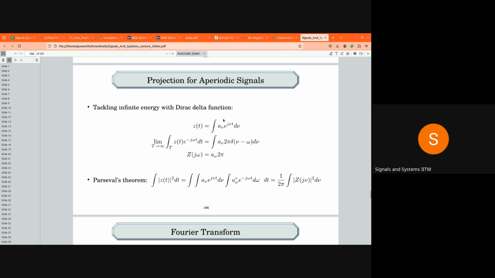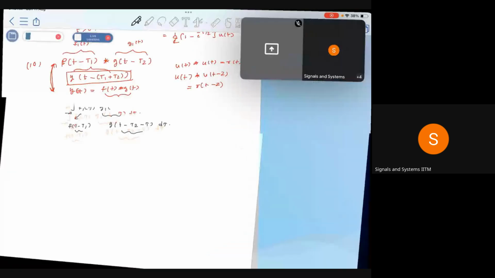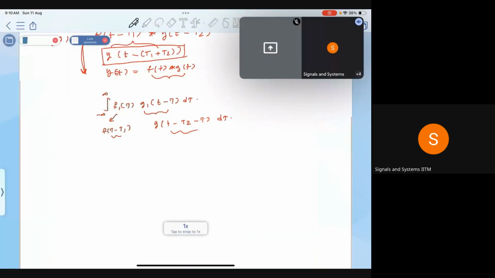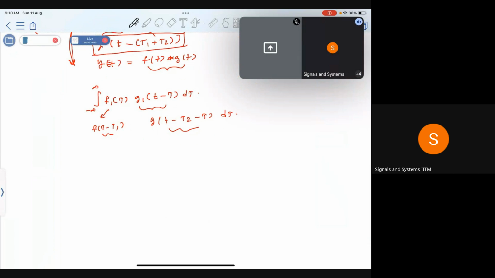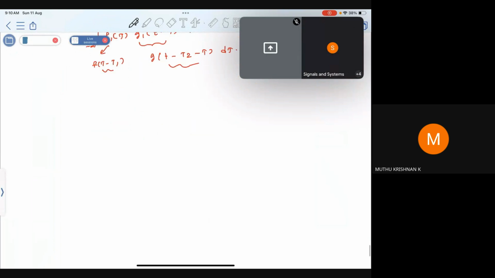So z of t is a signal that is, let me write it in my notes and share. I hope you're able to see my screen, right? Yes, ma'am.